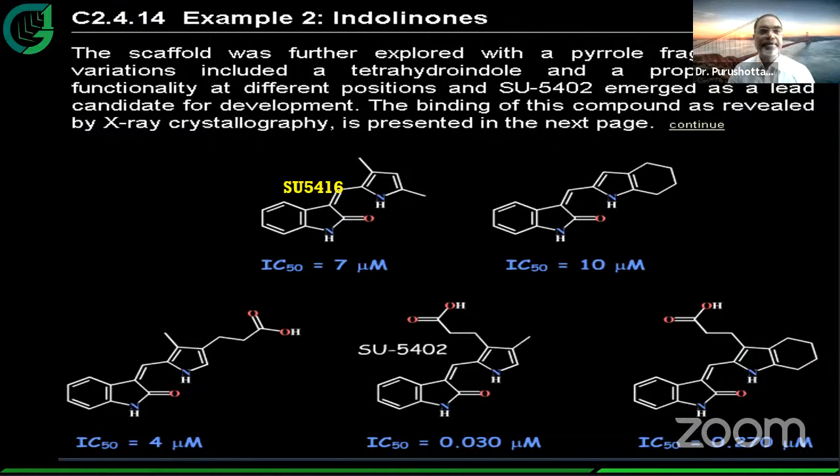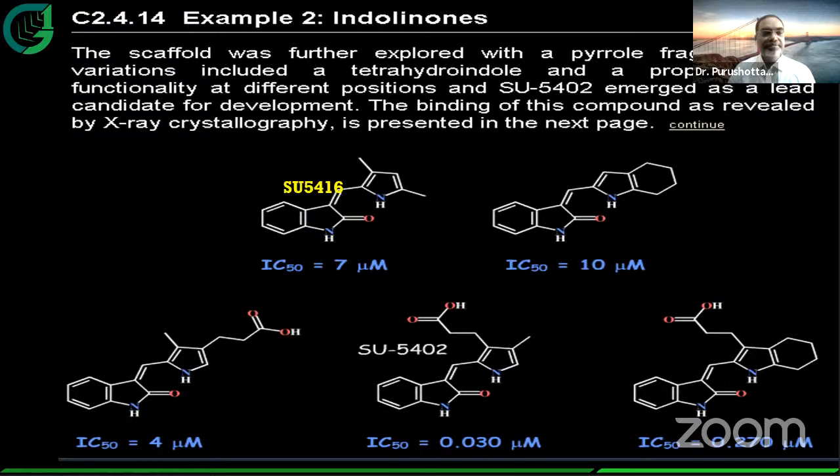The variations included the tetrahydroindole and a propionic acid functionality at different positions. And S5402, you could see, emerged as the lead candidate for development.